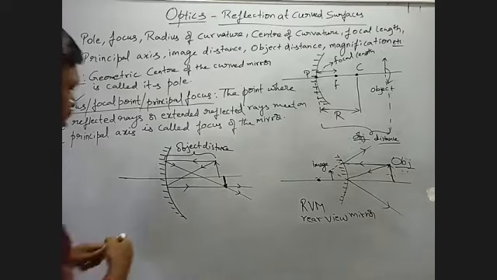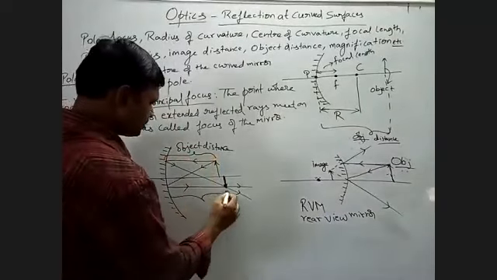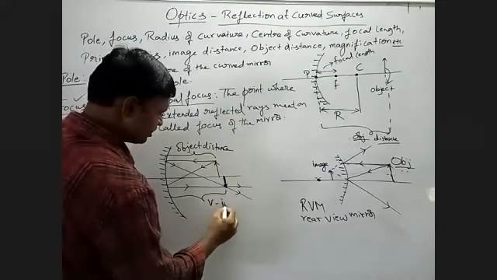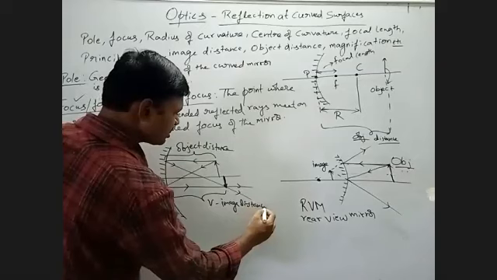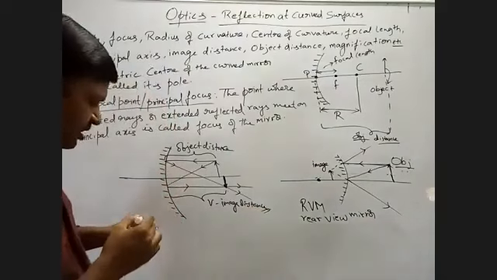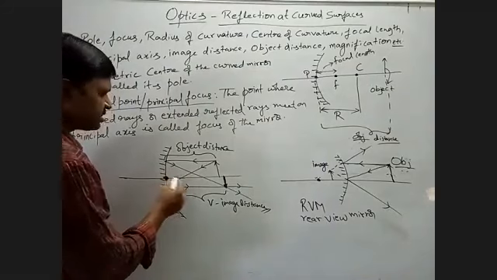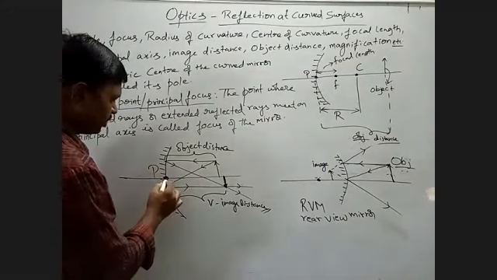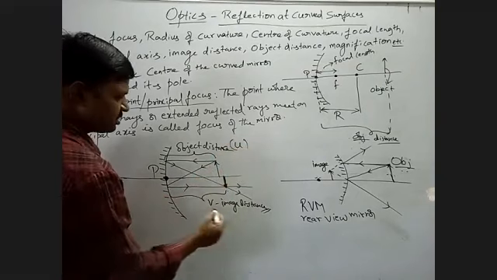So we get the idea of this object and this image. This is V, that means image distance. How will you define object distance and image distance? The distance of the object from the pole. All distances you have to calculate from the pole only. From here to here is the object distance, so this is u and this is v.